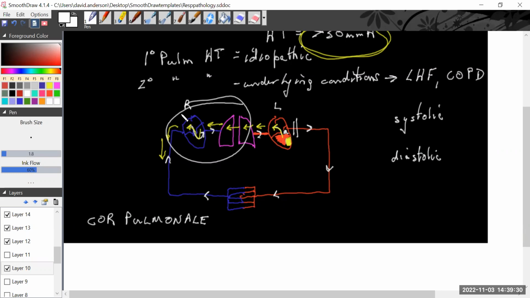Okay, and the concept for any of these scenarios is the same as what we've talked about all along. Our first goal would be to treat or get rid of the underlying cause if we have that option. If not, we have to treat with things that are designed to reduce the hypertension. So vasodilators or diuretics.